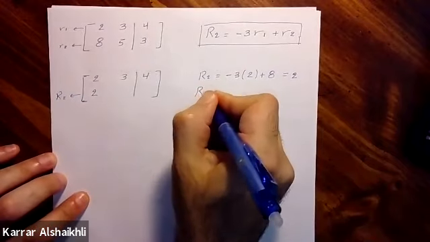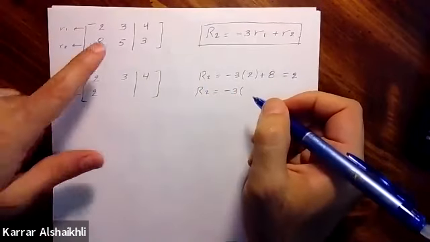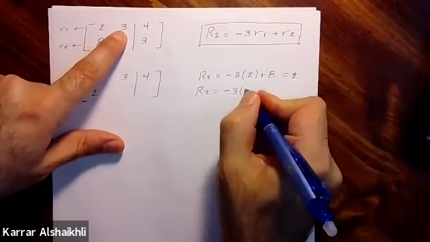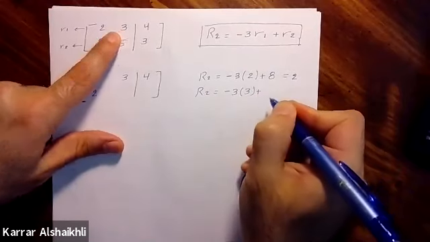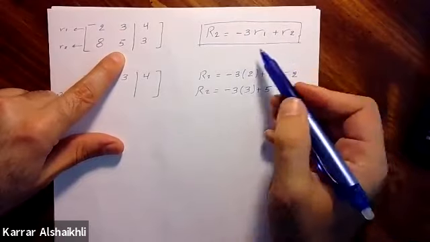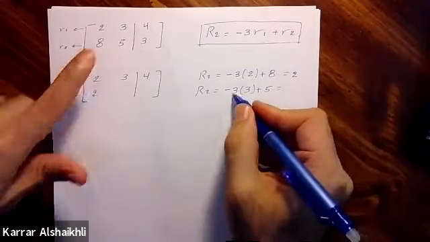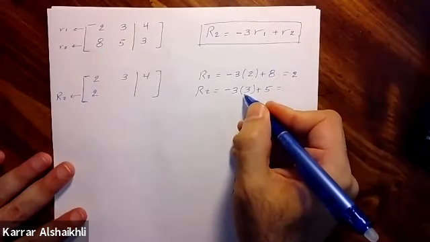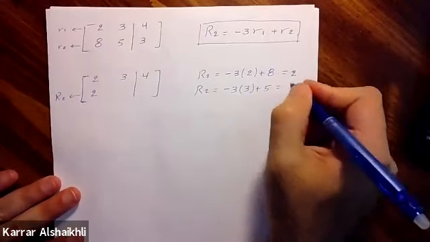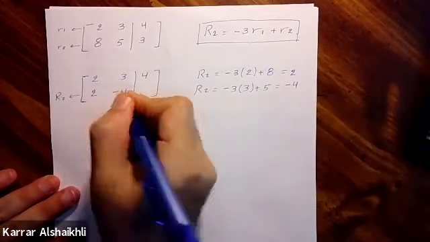The second one is going to be negative 3 times 3 plus 5. You see, I'm following the rule. So negative 3 times 3 is going to be negative 9. Negative 9 plus 5 is going to be negative 4. So the second number here is negative 4.